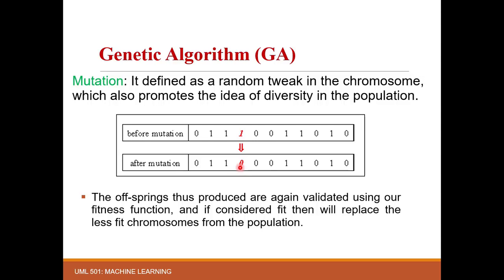If they appear to be fit, only then will they replace the less fit individuals of the parent population. That means the less fit individuals from the original population get eradicated and replaced by the new offspring to make a population of more fit individuals. It is not necessary that the offspring produced after crossover or mutation will be fitter than their parents.